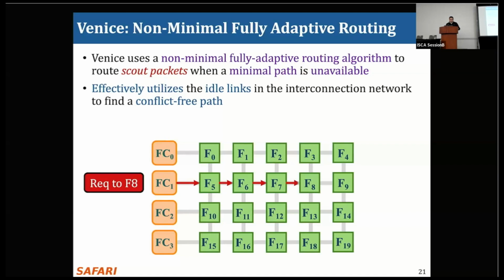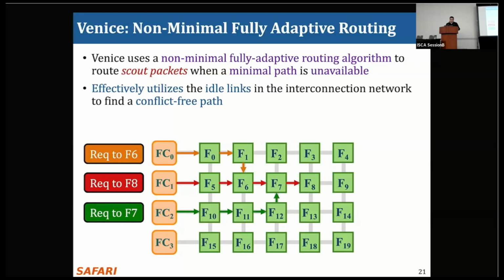For a request to F8, the path reservation is done using FC1. For F6, it goes through FC0. And for F7, the path reservation is done using FC2. For these three I/O requests, the path reservation is done using minimal paths.